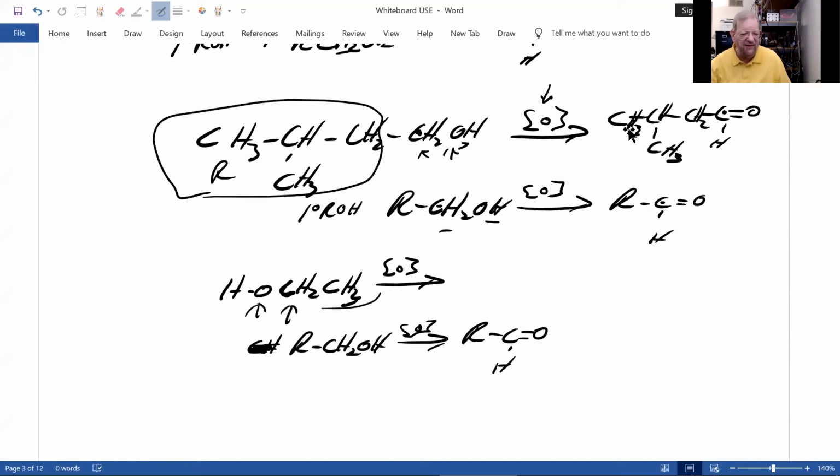And what's my R group? Methyl. The carbon with the hydroxyl group becomes the carbon here. There are 2 ways you could draw that. One would be this way, or the other would be perfectly correct, which I usually don't, which is why I wrote it differently that way.